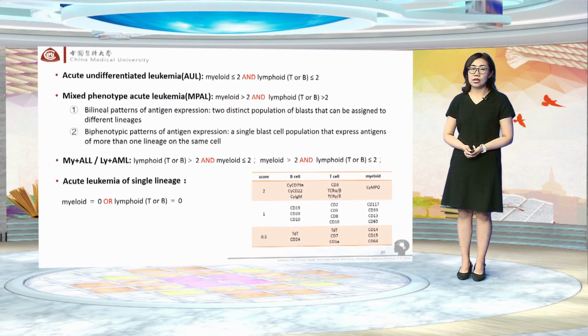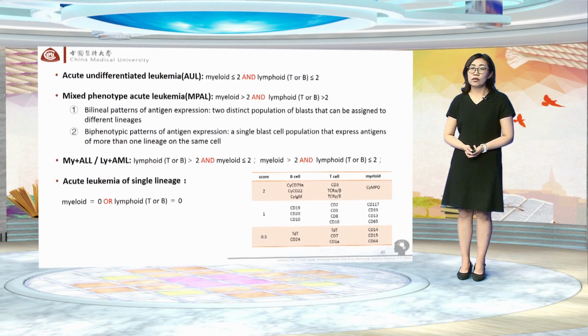Here we have 2 concepts. Bilineal patterns of antigen expression means 2 distinct populations of blasts that can be assigned to different lineages. Biphenotypic patterns of antigen expression means a single blast cell population that expresses antigens of more than 1 lineage on the same cell.